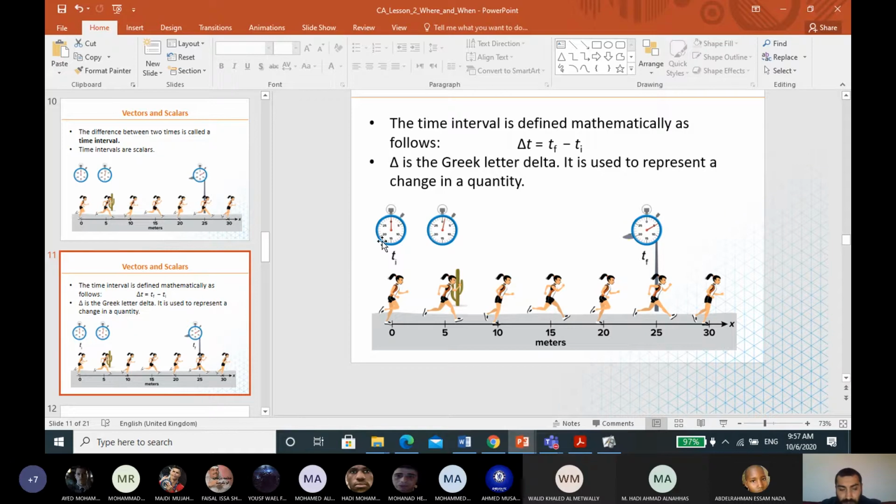Take this point into consideration, guys: it's not all the time that t initial will be 0. Maybe I start explaining or studying my motion from a time that is not zero. Let's say I start studying the motion at 1 second, so t final equals 5, but t initial will be 1 second. Okay.